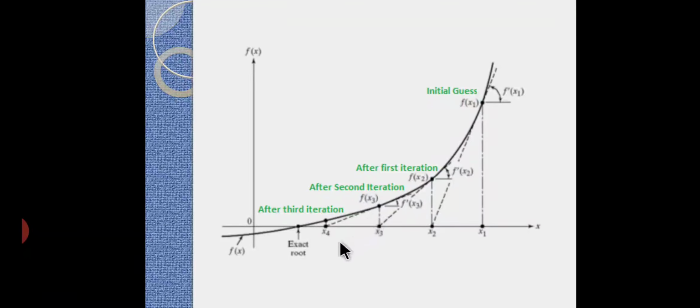So we continue in this way for finding the approximate or numerical solution, that is, x star. The convergent sequence is going to converge, and that x star will be the exact root. So this is the graphical representation of steps to solve a given function using the Newton-Raphson method.